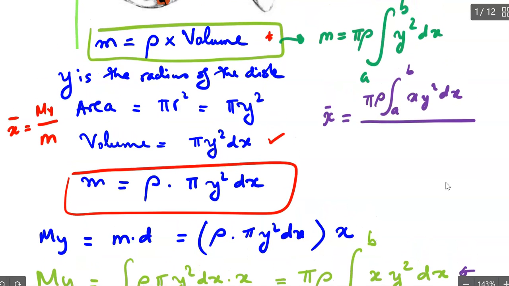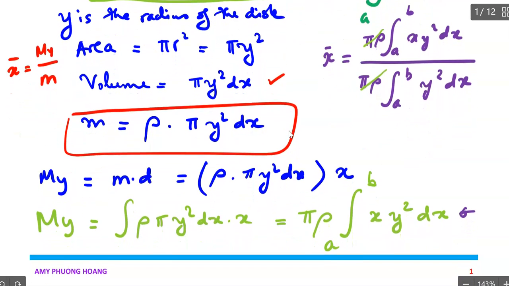The mass is equal to pi times rho, and the volume in this case is this method. So I should have pi rho integral from a to b of y squared dx, and these two will cancel out because they are constant.